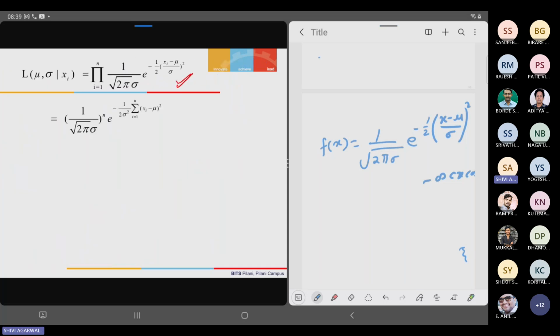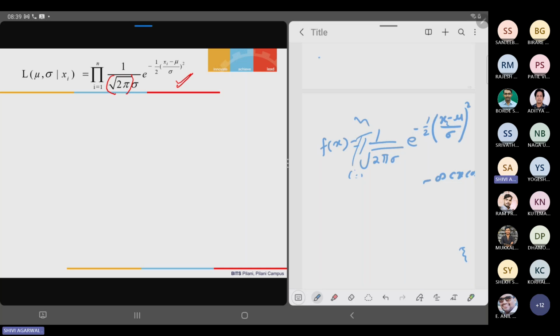Okay, so we are just taking the product of this, i equal to 1 to n, and in this one it has become xi here. Actually, that is the difference, because here we are taking the square root of 2 pi.